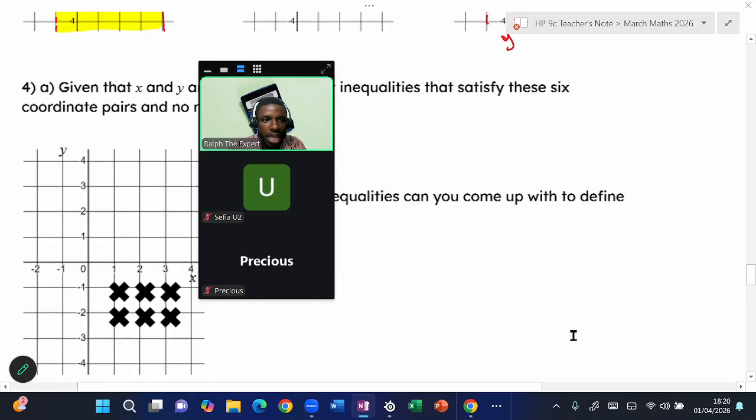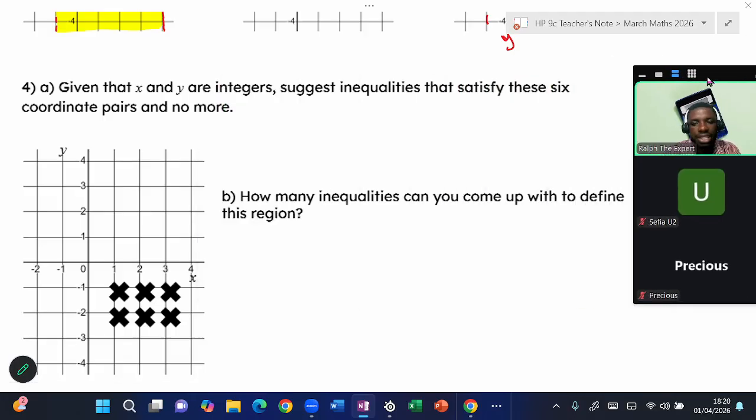So number 4 says, given that x and y are integers, suggest inequalities that satisfy these 6 coordinate pairs and no more. What are we going to do here?